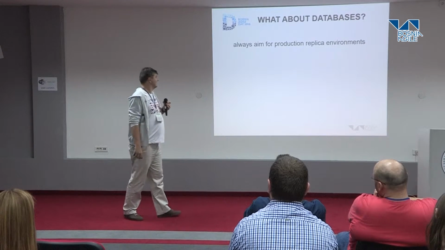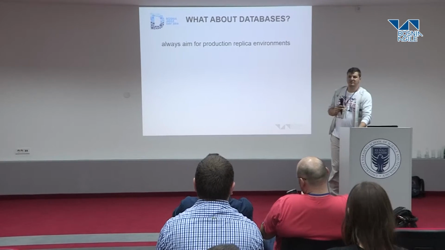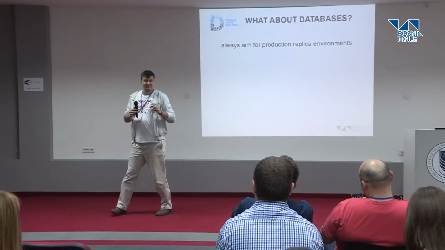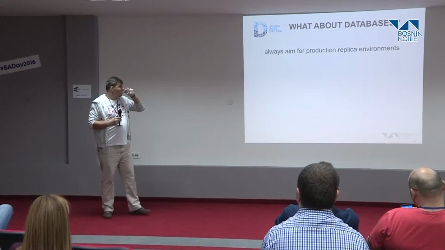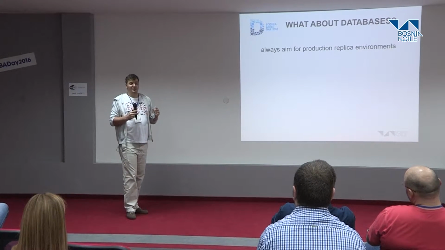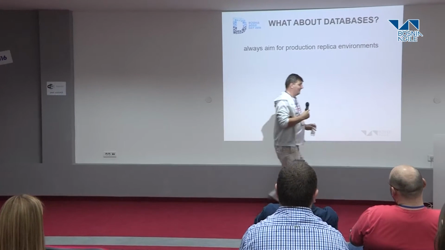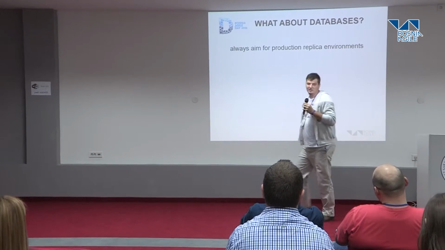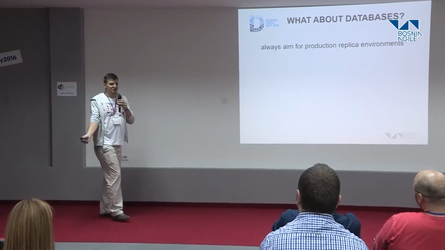What about databases? So I'm always aiming for a production replica, always. There are banking situations where you are not allowed to know data. If you're in an environment that does not allow you to know people's name, gender, age, or how much money they have in the bank, you can use random anonymity techniques, like changing all of the personal details with gibberish.